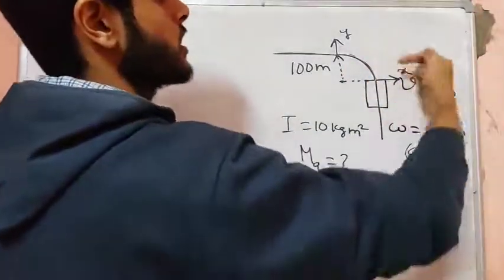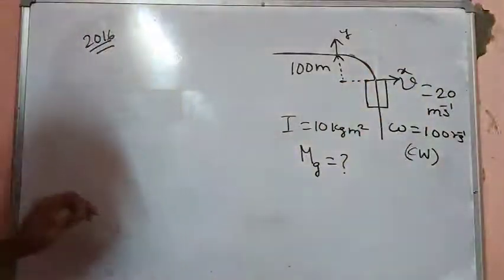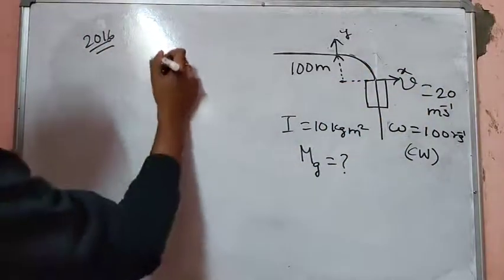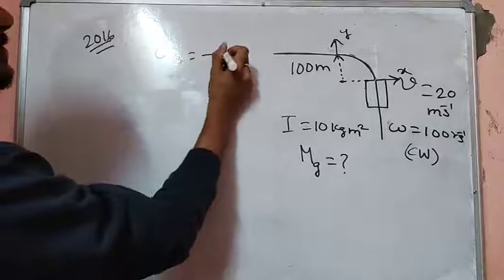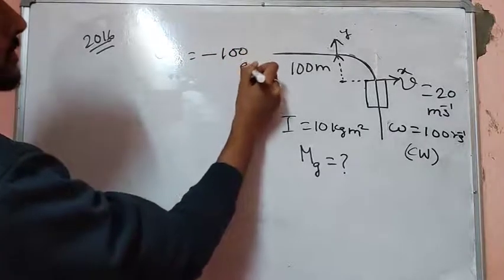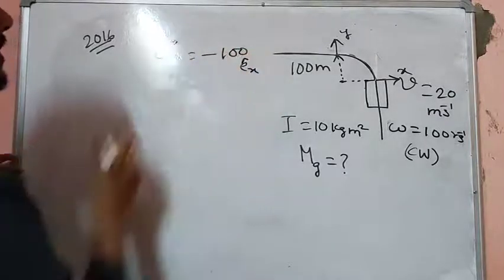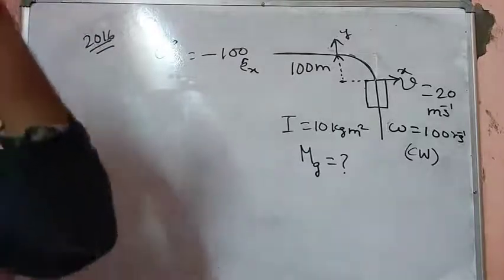So the spin is in the minus x direction, and omega s vector is minus 100 ex.